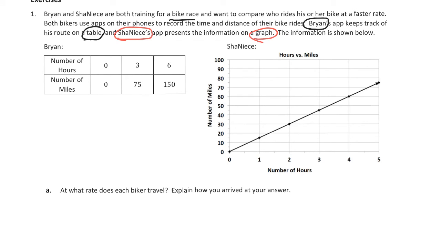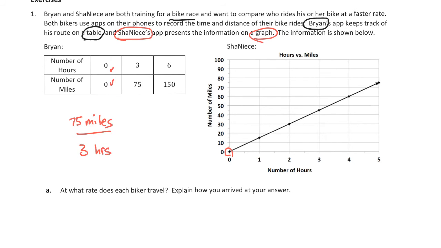So we have two different things to look at: information in a table, information in a graph. The idea is we need to compare the data to see who's going faster. They both start at 0, 0. Brian's rate is 75 miles over 3 hours.